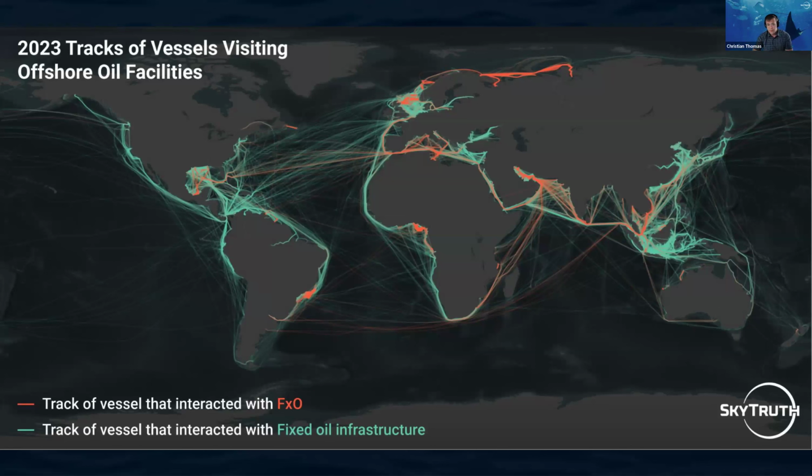But again, this is likely lower than the actual emissions because these results are based strictly on what we can observe using AIS broadcast data, and we know that not all vessels are being publicly tracked. This map shows the tracks of vessels that interact with FXOs in orange, as well as the tracks of vessels that interacted with fixed oil infrastructure in blue.